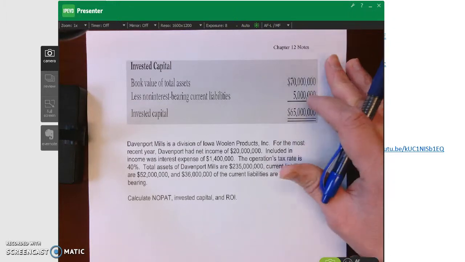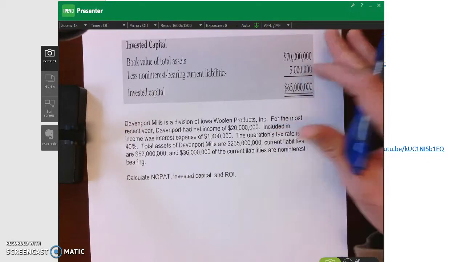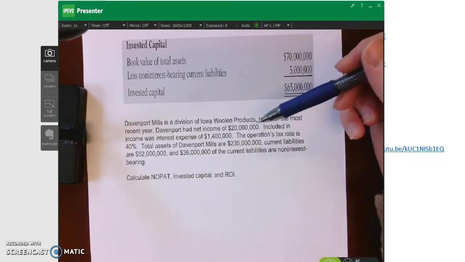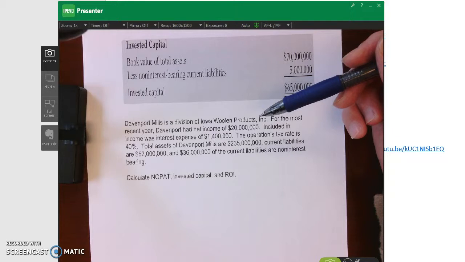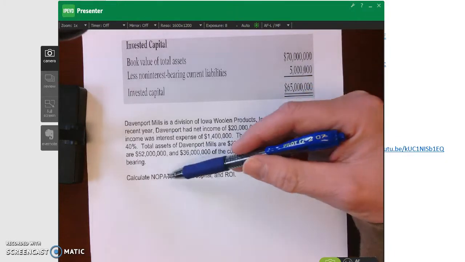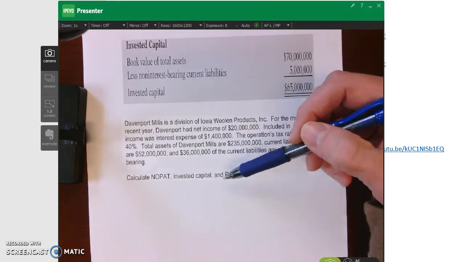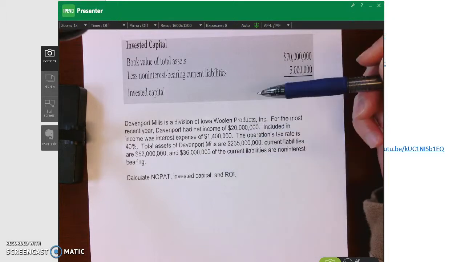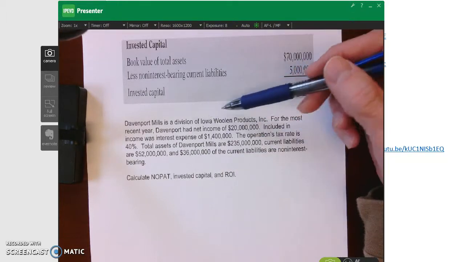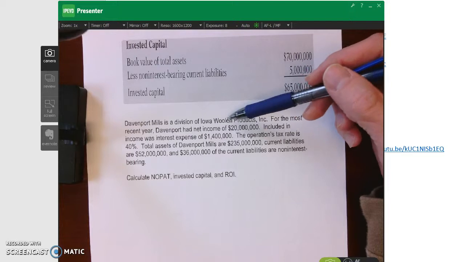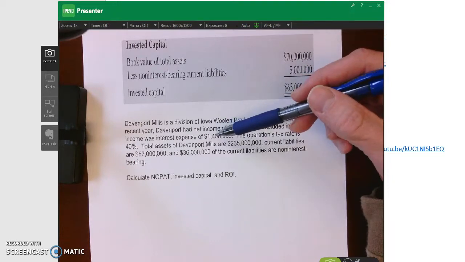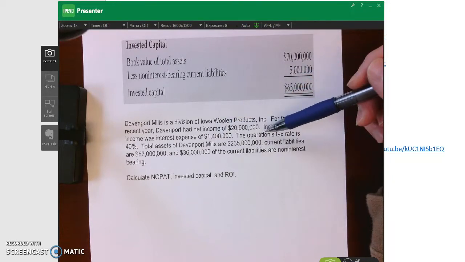So let's take a look at this example and go through and calculate NOPAT and invested capital, and then finally take our NOPAT divided by our invested capital to calculate our return on investment. Davenport Mills is a division of Iowa Woolen Products. For the most recent year, Davenport had net income of $20 million.